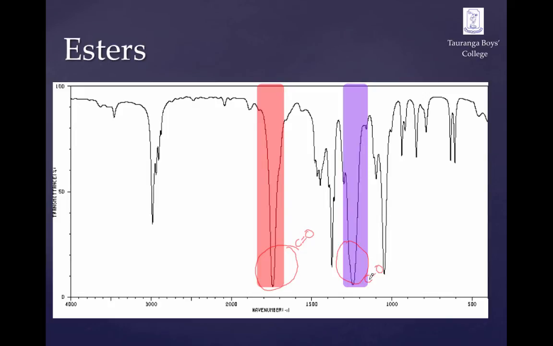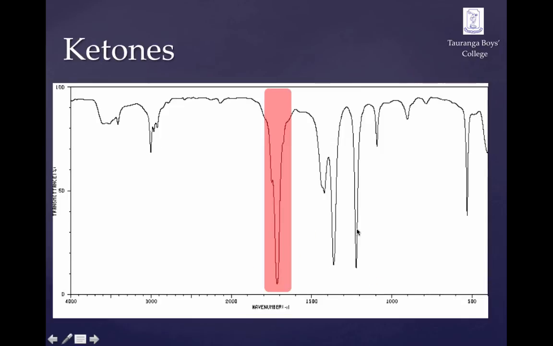This is indicating the presence of that carbon-oxygen single bond. Lastly, if we have a look at the ketones, you'll be able to identify that familiar stretch round about the 1700, 1600 region, just like the aldehydes and the esters, which is indicating that carbon-oxygen double bond.